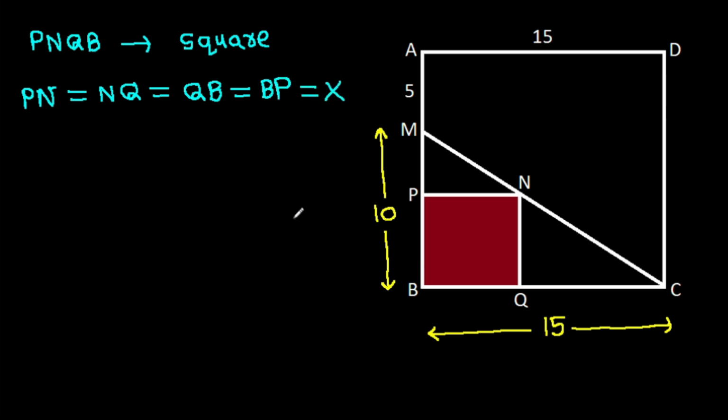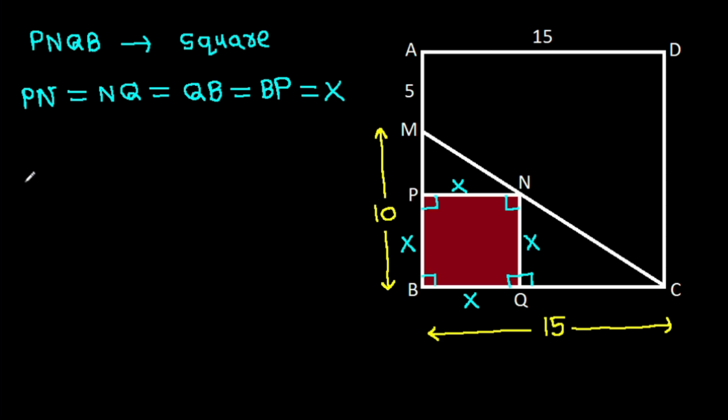Suppose PN is x, NQ is x, QB is x, and BP is x. And also these angles will be 90 degrees. So this angle will also be 90 degrees.